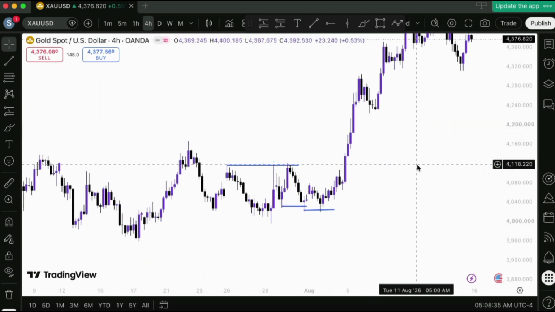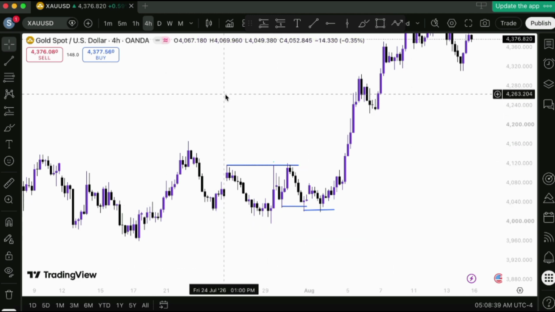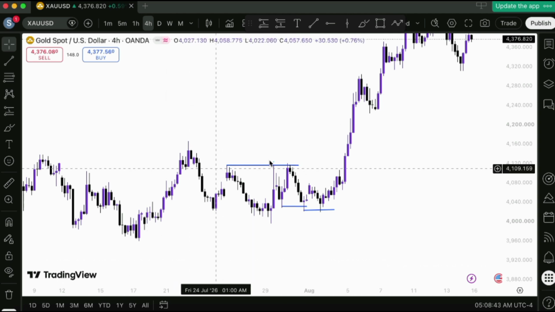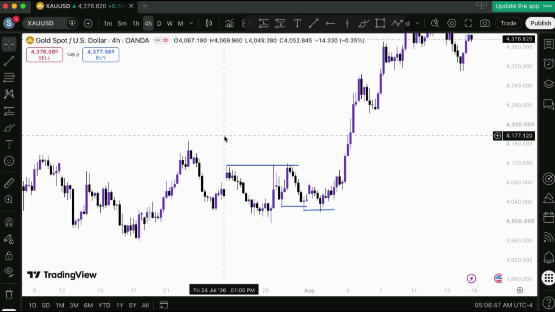So now one important thing, a liquidity sweep by itself is not automatically a trade. Just because price takes a high doesn't mean you have to instantly press sell or instantly press buy.